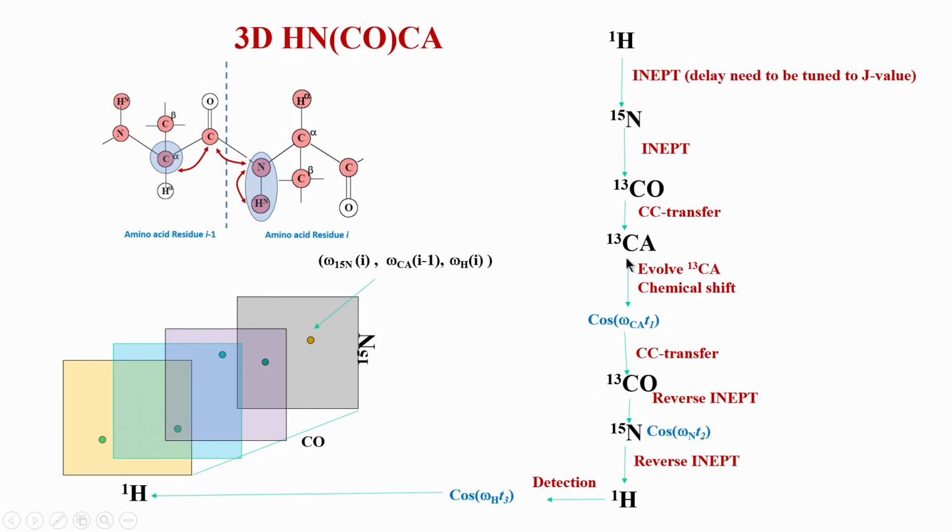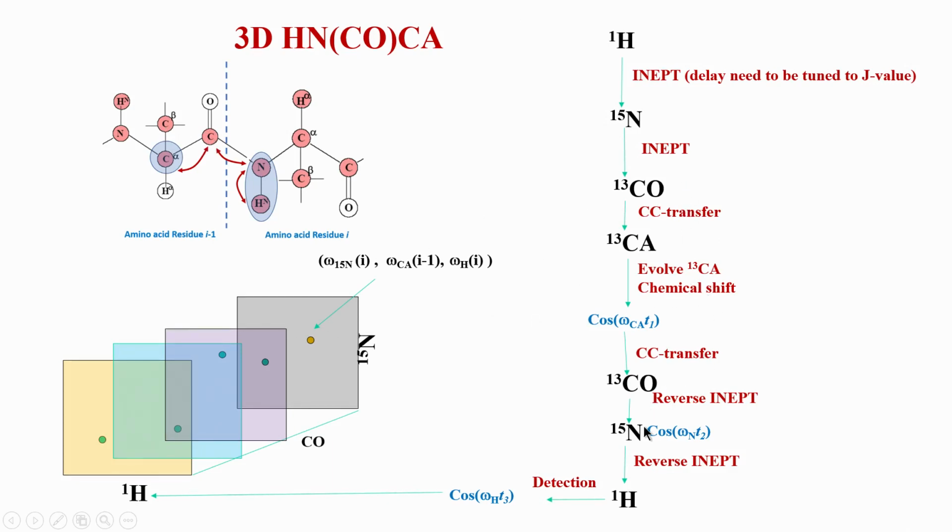Then we evolve the Ca chemical shift. So, we are now capturing the Ca chemical shift and that is captured as cosine or sine omega Ca T1. Okay. And then you go back all the way. So, now the job is done. Now, you have to go back to the original proton. So, for going back you go first to CO by CC transfer, it is exactly the same, now it is going to be the reverse.